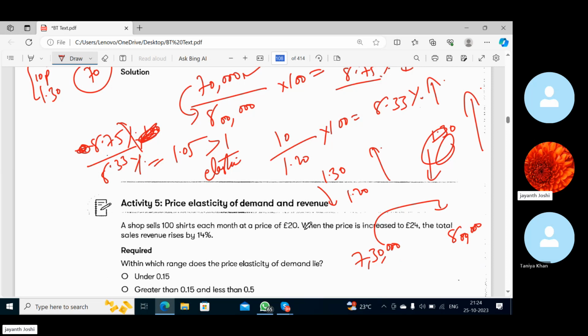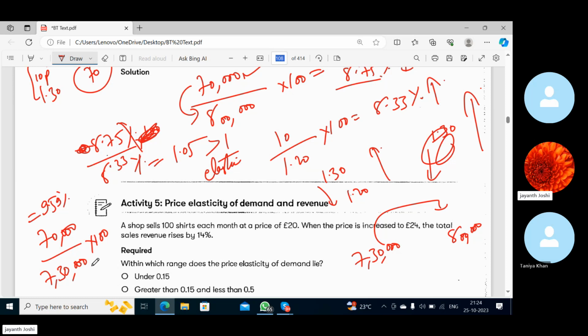Okay, so we will see the difference. The difference is 70,000 divided by the original demand, 7 lakh 30,000, right? Into 100. So what is the answer here? 9.59% rise in demand.